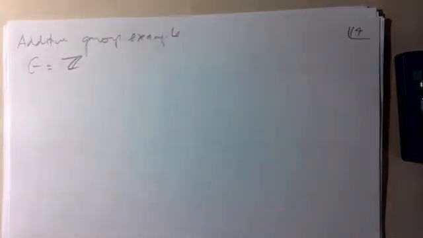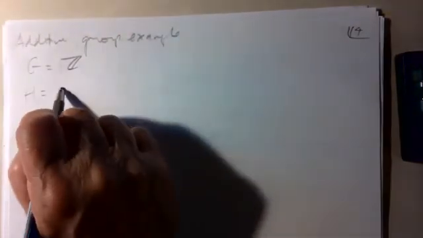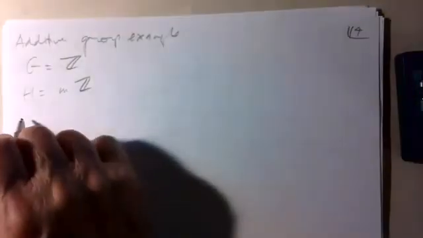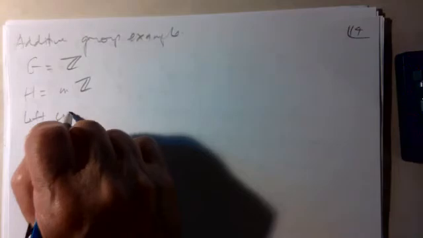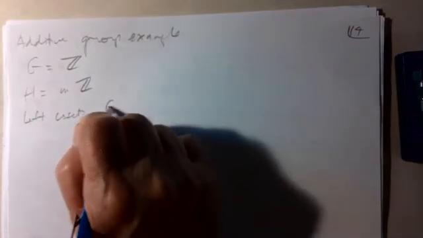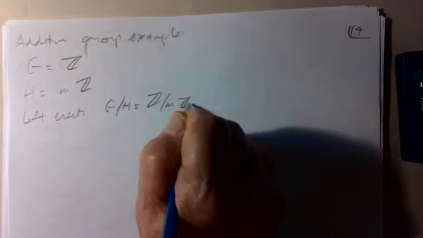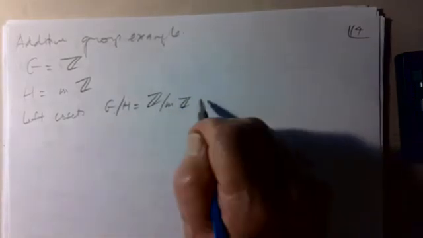So let's take an additive group example. Take G to be the integers. Take H to be the multiples of m. What are the left cosets? G mod H, or Z mod mZ, because G is Z and H is mZ.